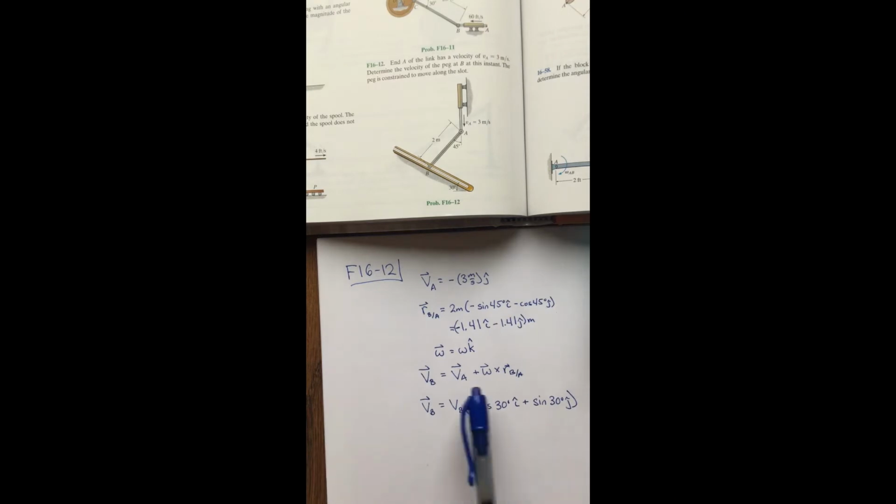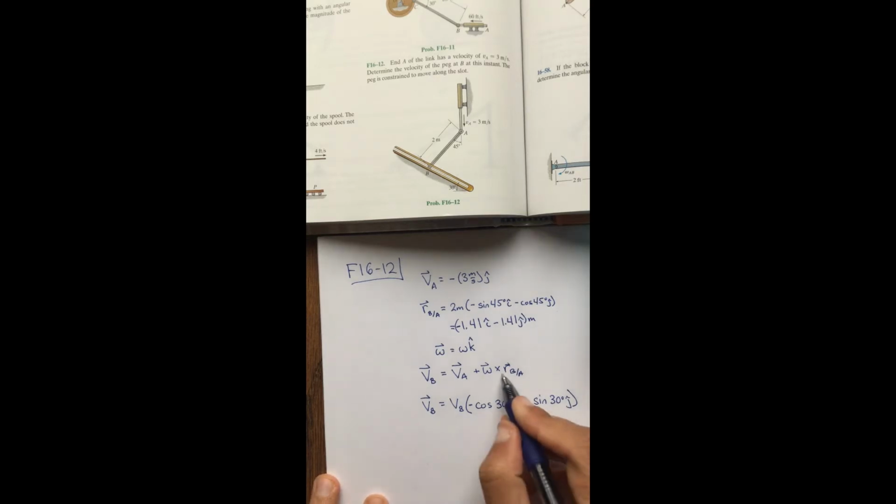Okay, so using this equation here, since it's a vector equation and we will have i hat and j hat components, it's really like two different equations. One of those equations will allow us to find the angular velocity, and the other one will allow us to find the velocity of B. How about I do the cross product before I plug everything in?